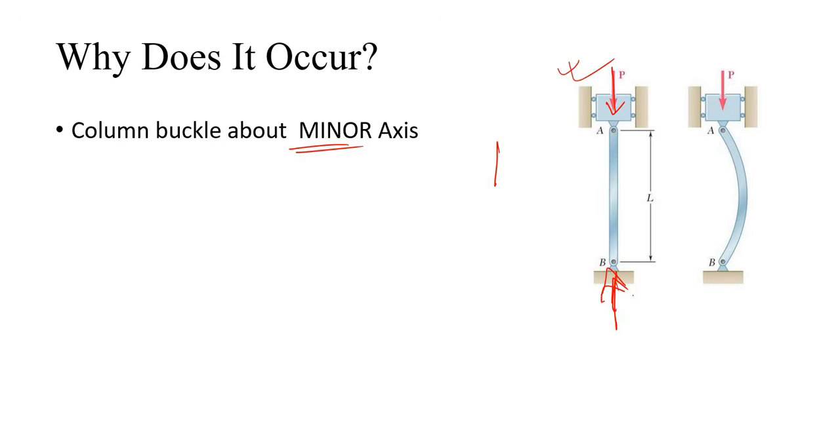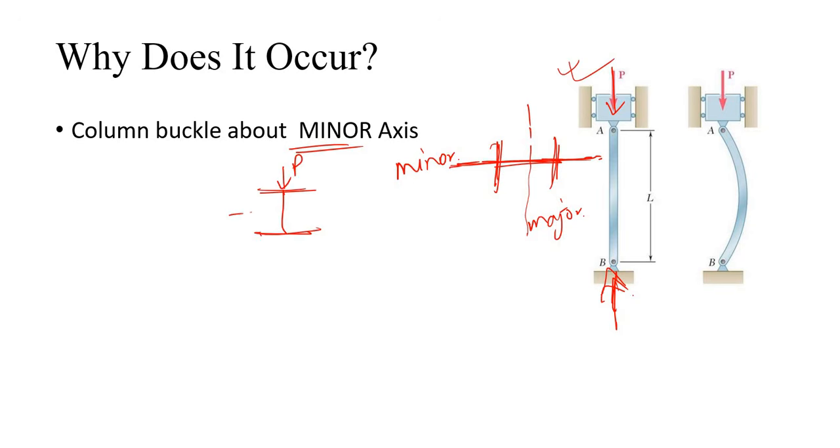So if this is the column plan, this is the minor axis and this is the major axis, right? So our beam is placed like this. Here is the load. So this is the major axis, right? This is the minor axis.